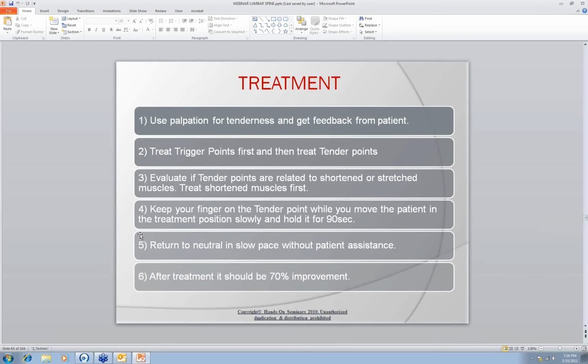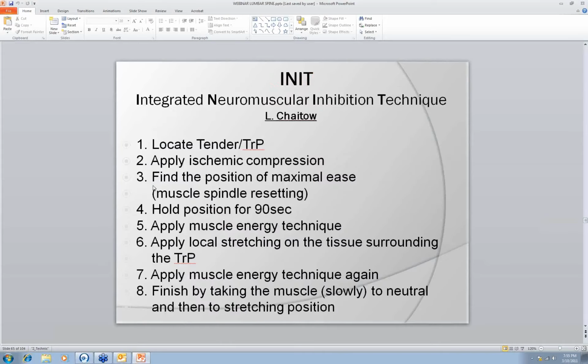Once you find that tender point, you apply gentle pressure, and you tell the patient that this pain that he feels is pain number 5 or number 10. Then you start moving the body into a position of ease. Let me show you an example, and I'm going to come back to the slides, okay?